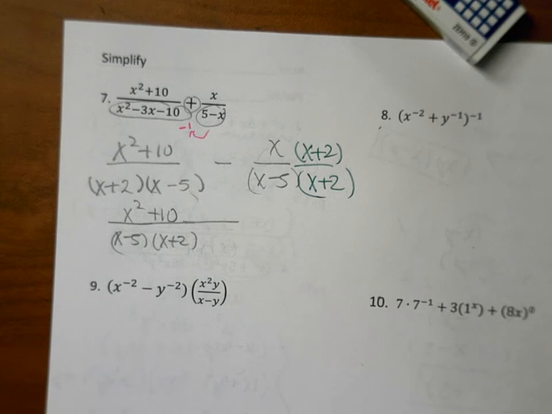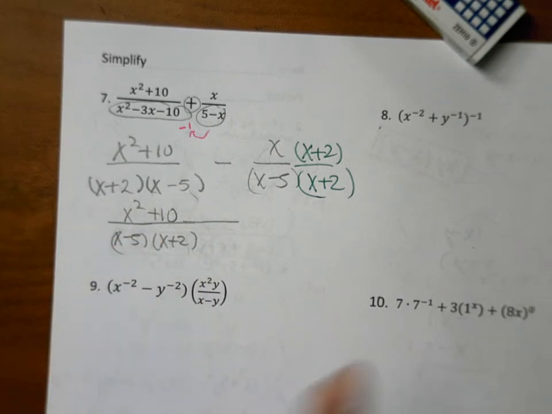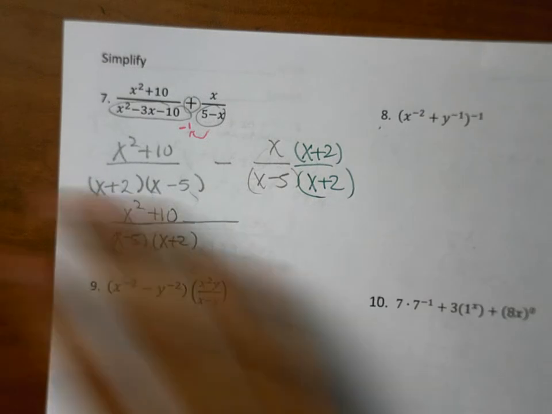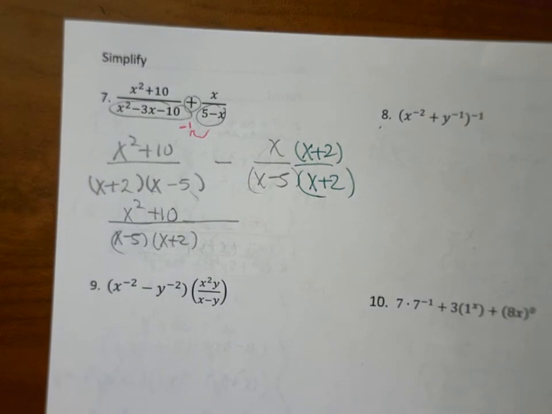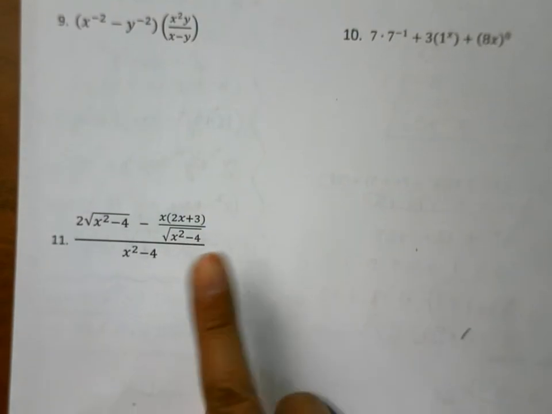X minus 5. Okay, now I forgot to ask when I first started this. Am I multiplying everything by the same thing and canceling out, or am I only multiplying by what's missing? Okay, I had a few kids on the quiz, in each class, multiply everything by the same and they crossed out all the denominators. When is the only time we do that?